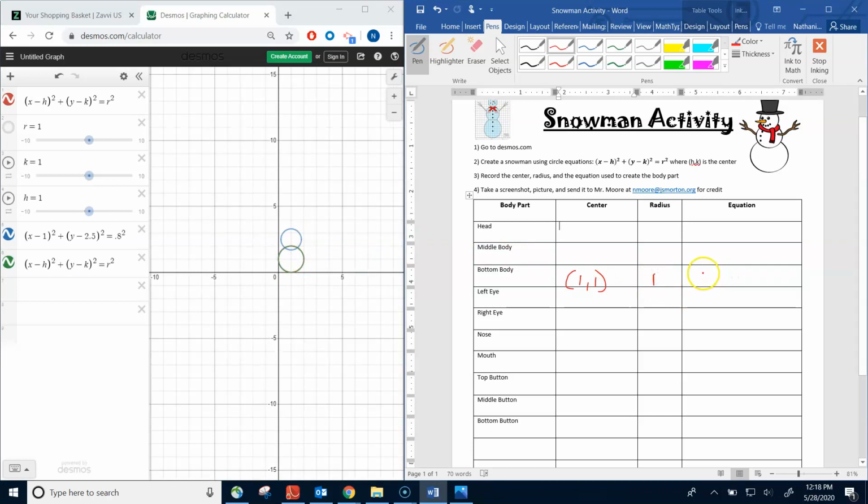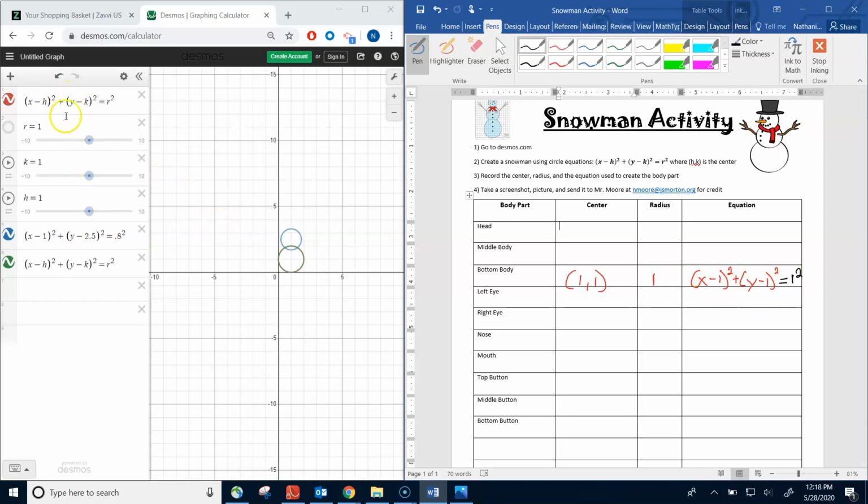And so my equation would be (x minus 1) squared plus (y minus 1) squared equals, not plus, my mistake, equals 1 squared. So that's how I'm going to encompass the center and radius into the equation.